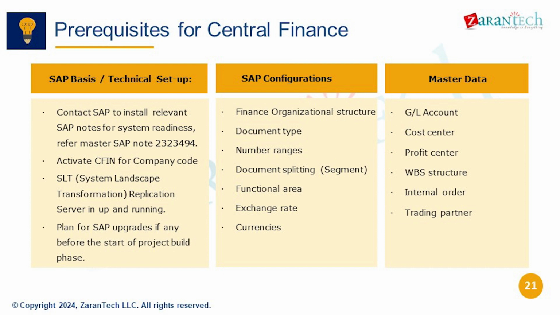From an SAP configuration perspective, key entities get defined upfront like company code structure, document types for revenue and cost processes, number range intervals, currency master data, and corresponding document splitting logic. Underlying integration components like exchange rates, functional areas that control posting behavior, and defining trading partners for mapping external organizations also need setup.